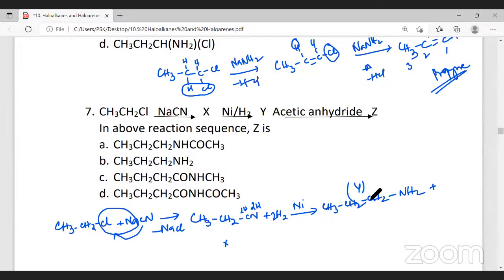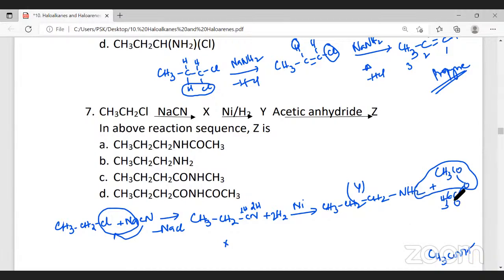Now this, when you allow it to react with acetic anhydride. Acetic anhydride is CH3CO, an oxygen, COCH3. One of the hydrogens and this group get eliminated as acetic acid. The byproduct you get is CH3COOH.